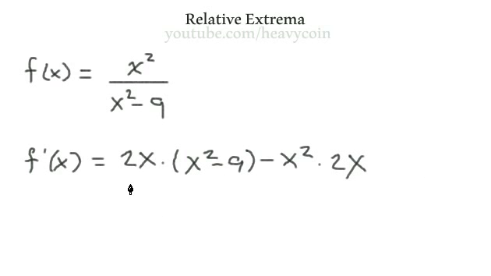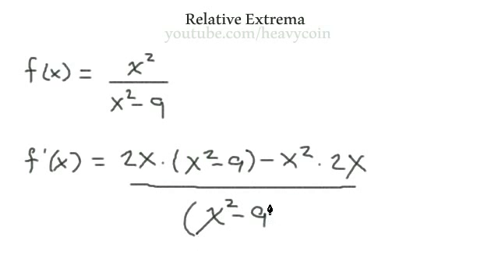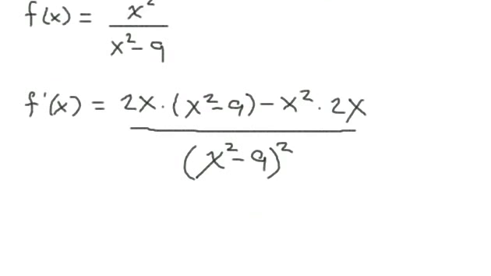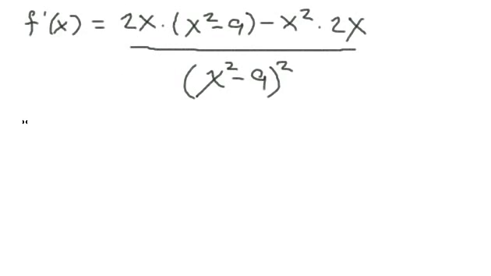Alright, so we're done with that. And then of course, down here in the denominator, we have to square that. So that becomes x squared minus 9 squared.